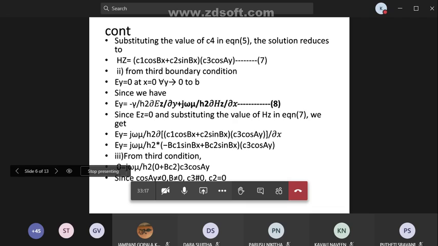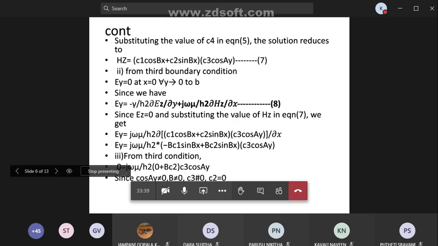And we know the Ey equation. So Ey equal to minus gamma by h square dou Ez by dou y plus j omega mu by h square dou Hz by dou x.